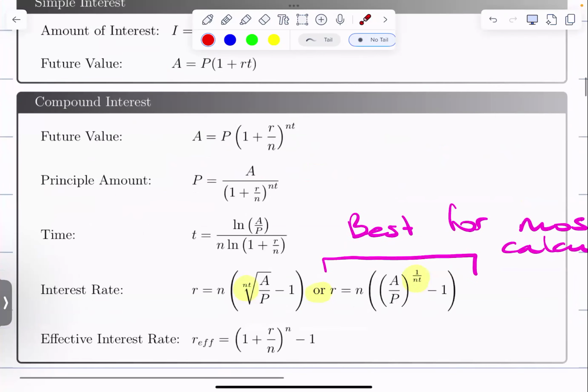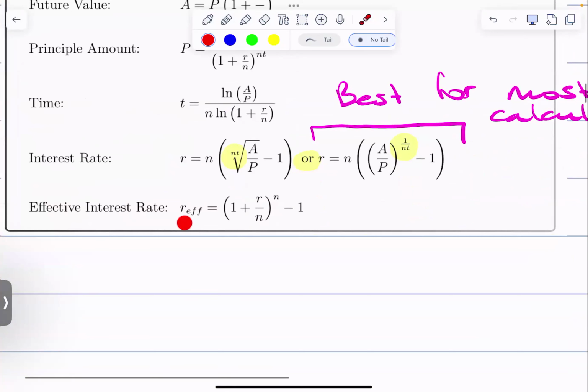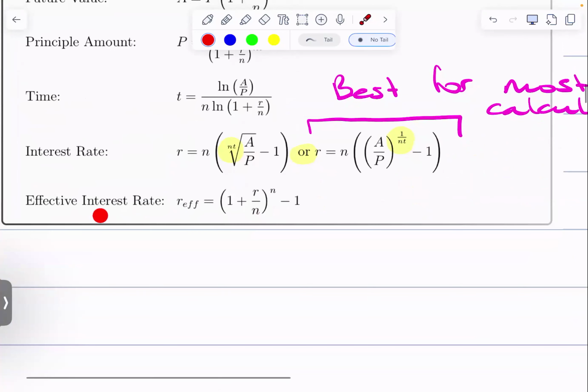That's important. And then finally, we introduced the effective interest rate. What's the effective interest rate? It's any interest rate compounding at any frequency n converted to annually compounding. And so that allows us to compare interest rates.